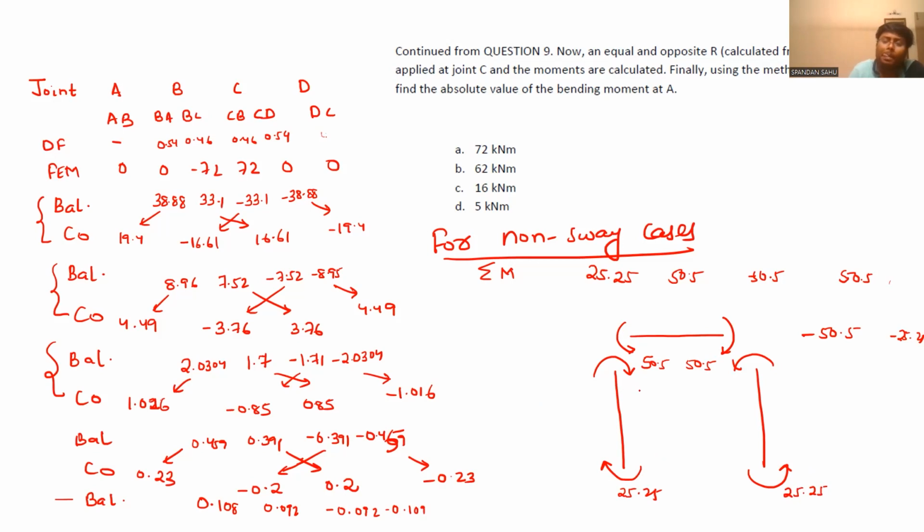Now you tell me, 25.25 and this 50.5 will try to rotate this column in which manner? The column AB, the left column.